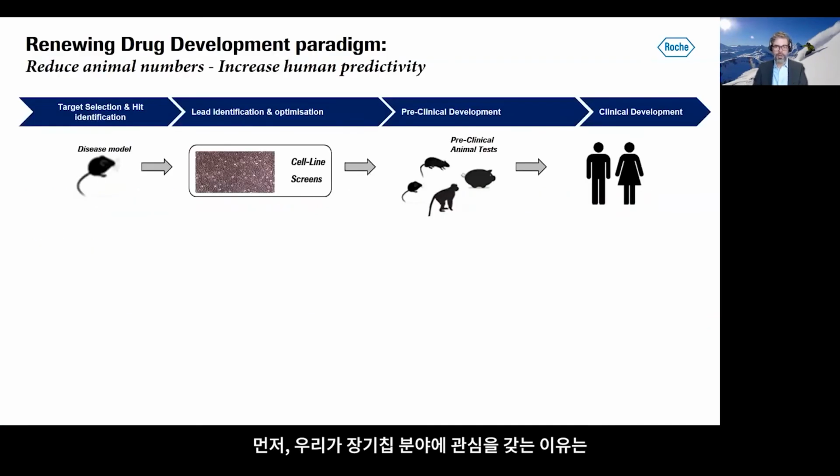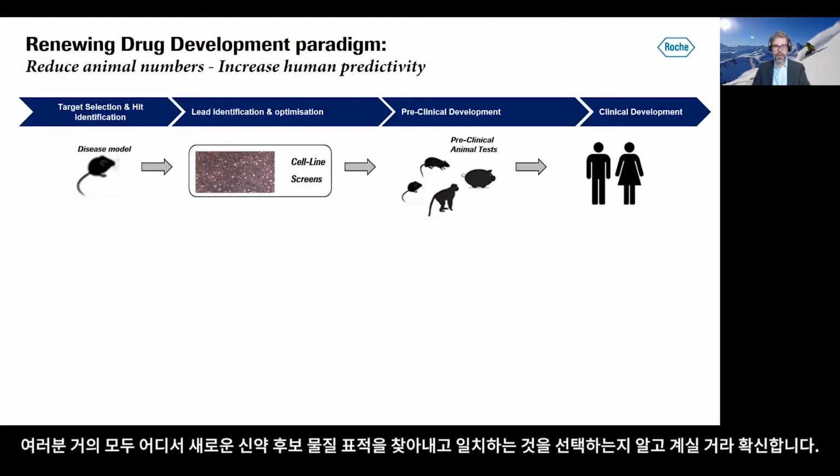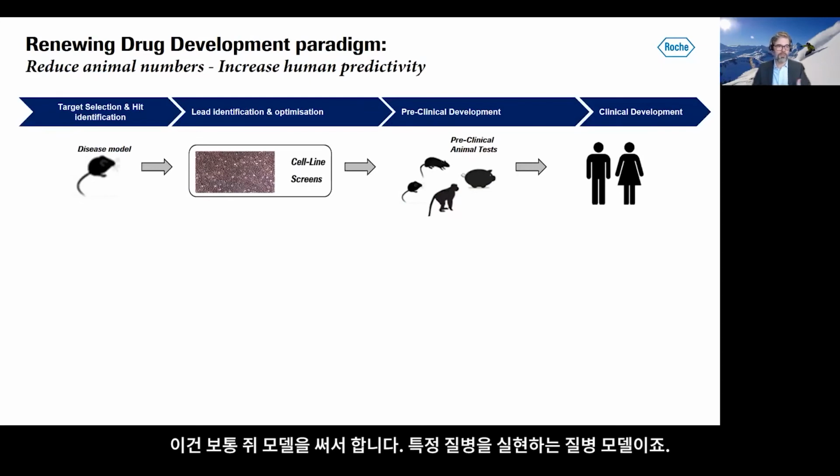So first of all, what is driving our interest? We would like to renew the classic drug development paradigm. I'm sure most of you are aware of it, where we start with identifying new targets and selecting hits. This is typically done using mouse models. You have a disease model that recapitulates a certain disease.